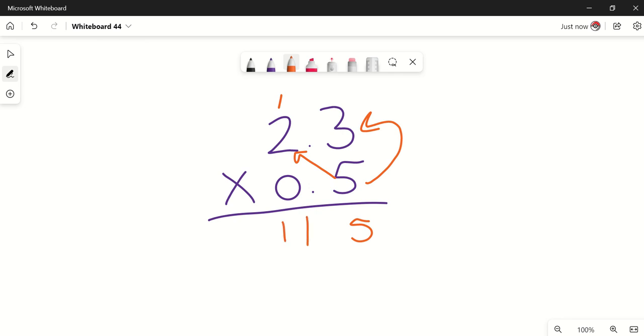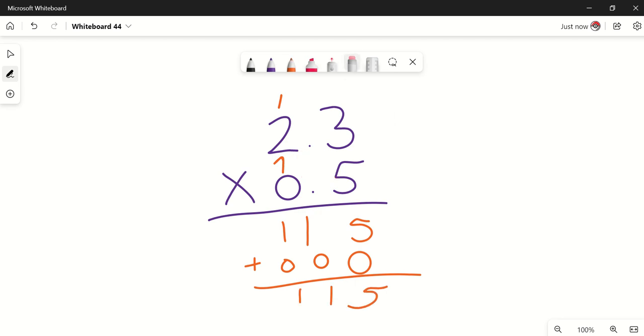Now, I can put a placeholder 0 here and then multiply. 0 times 3 would be 0. 0 times 2 would be 0 again. It's still not going to change anything. I'm still going to get 1, 1, 5. But here's where the kicker comes in. I now need to count how many numbers came after a decimal. Decimal there, 1 number. Decimal here, 1 number.